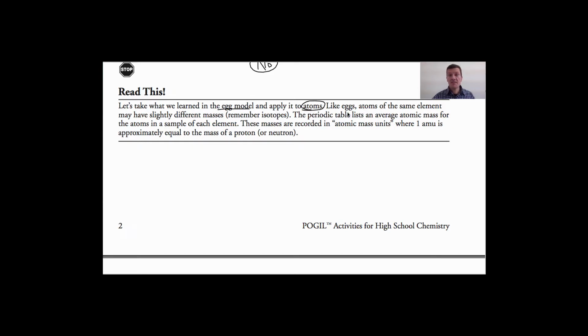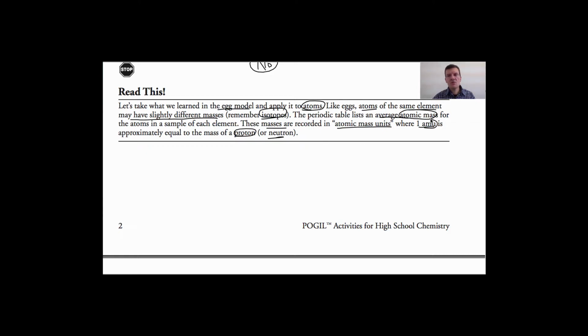Here we go, some chemistry. Like eggs, atoms of the same element may have slightly different masses. As I mentioned, isotopes. But on average, we use an average atomic mass. We're going to use that average atomic mass for each element. These masses are recorded in atomic mass units, where 1 AMU is approximately equal to the mass of a proton or neutron.